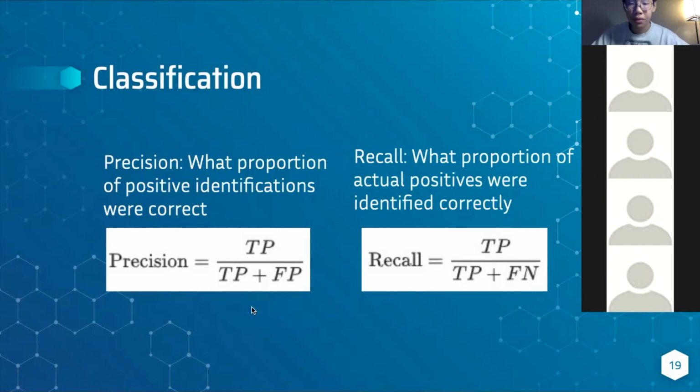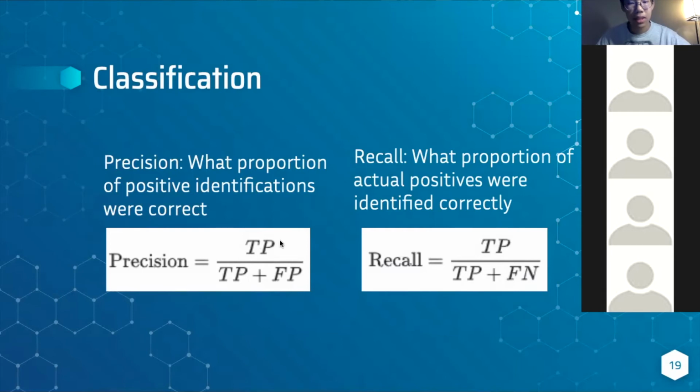So there are 2 different ways that we can calculate accuracy. The first one is called precision. This is out of how many times we predicted positive, how many did we get right. So this would be true positive over true positive plus false positive.